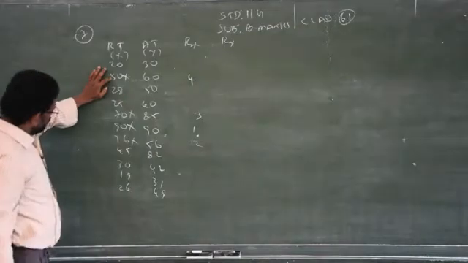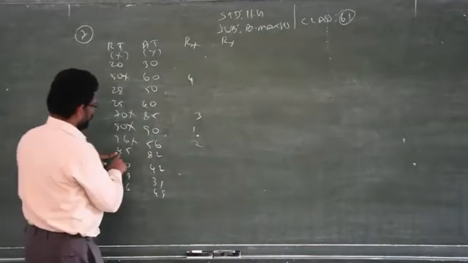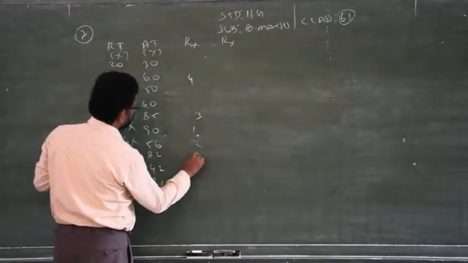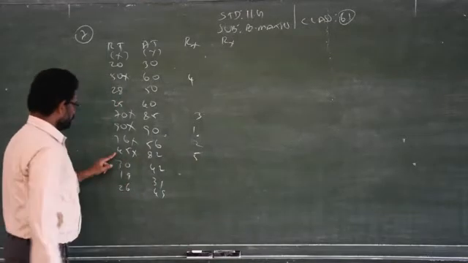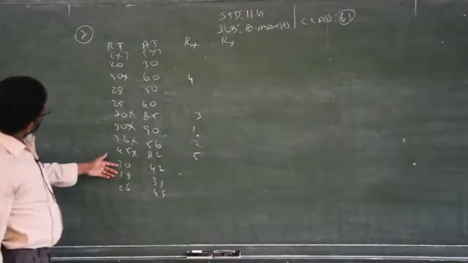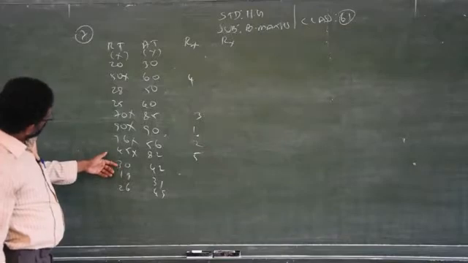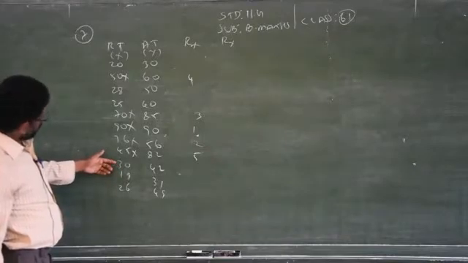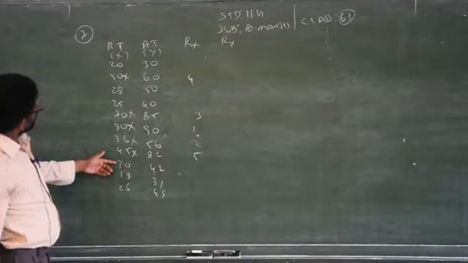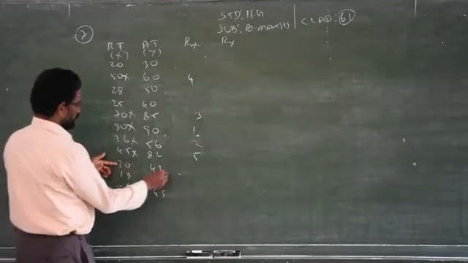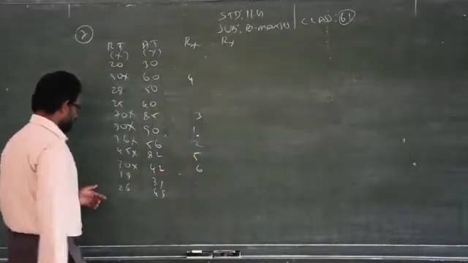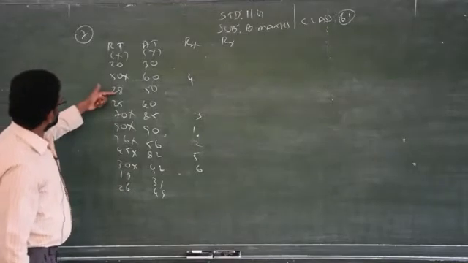Near to 50 is 45. Straight to 45, fifth rank. Then the next, 40, near to 45, it is 30. Is there any value near 30? No. So, 30 is 6. Strike out. Near to 30, 28.